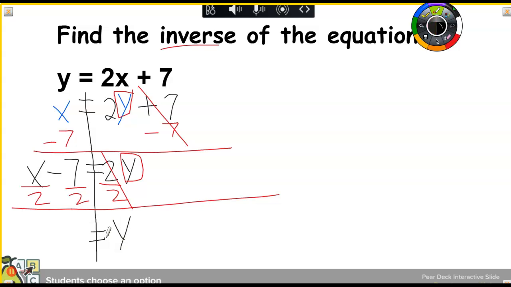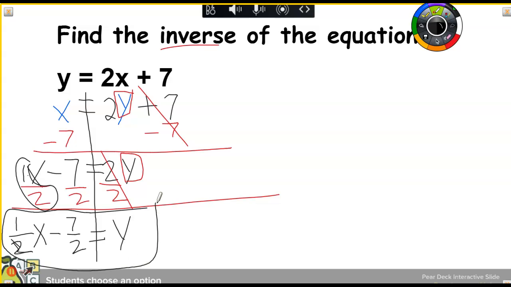On the other side, in front of the x is an imaginary 1, so the number part is 1/2. Then x and -7/2 is already the simplest fraction. Nothing you can do, so that's it. Okay. So first switch the place of x and y, and then single out your y by solving the equation for y by getting rid of the numbers on the same side.